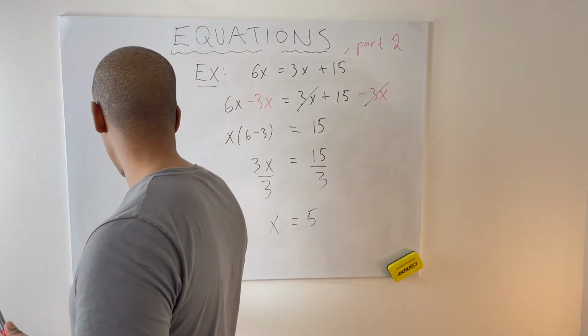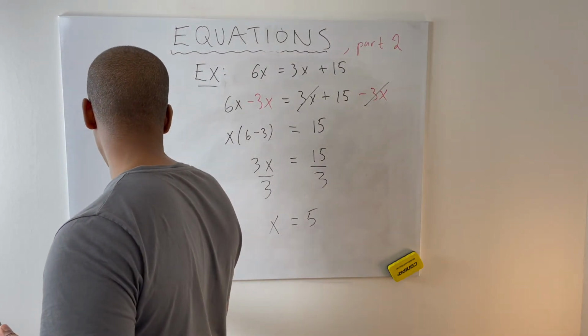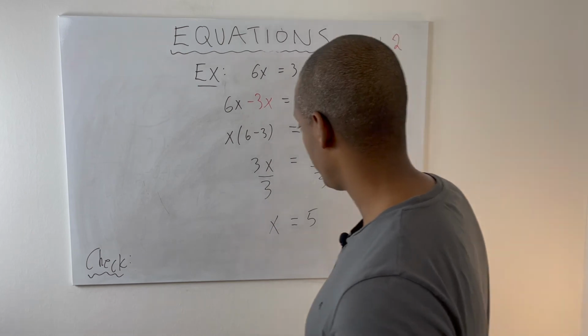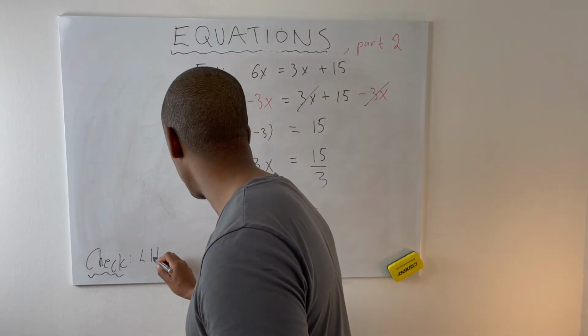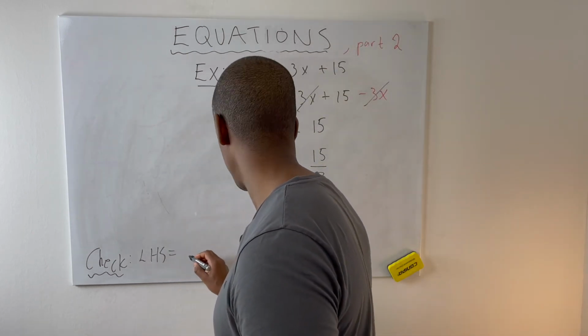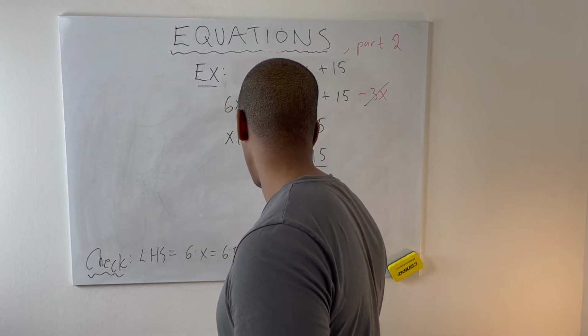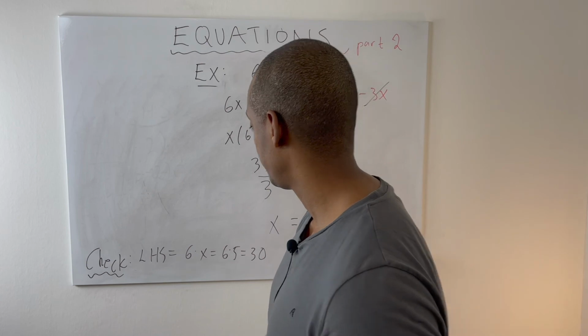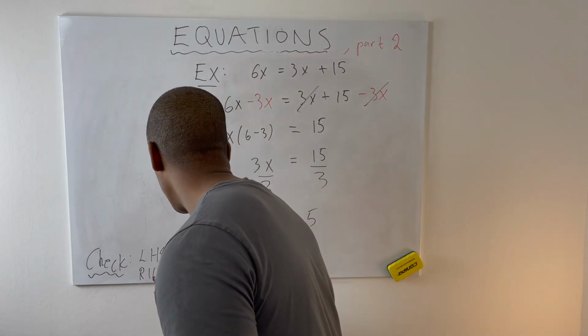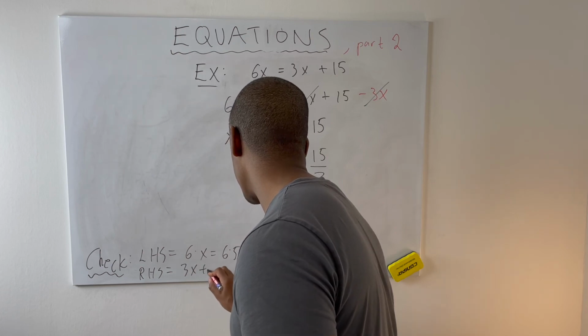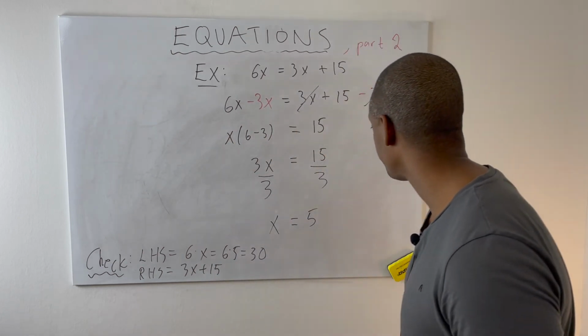Now let's just check to make sure everything is halal. The left-hand side is equal to 6 times x. That's 6 times 5. That's equal to 30. The right-hand side is equal to 3x plus 15.